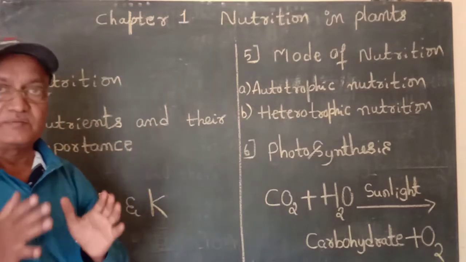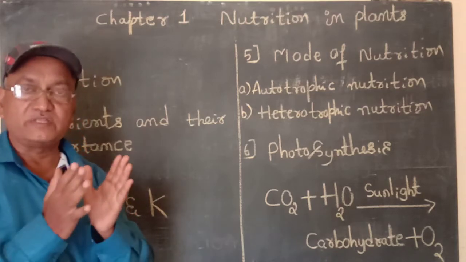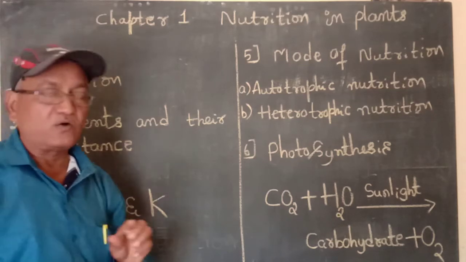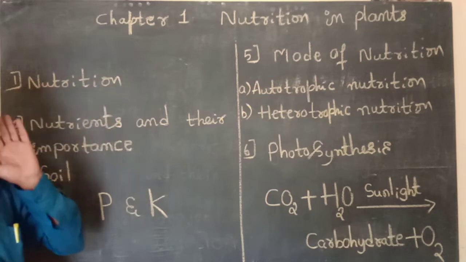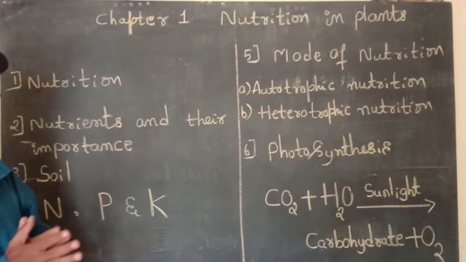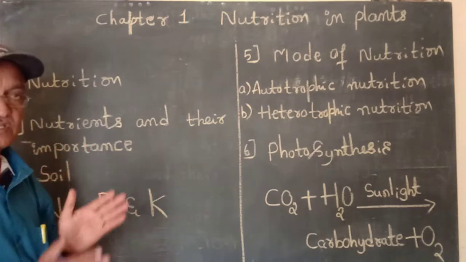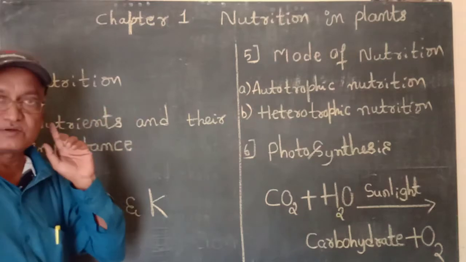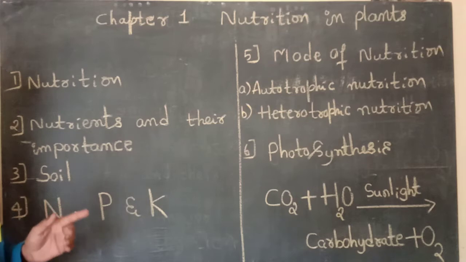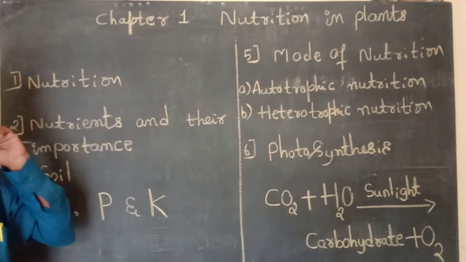As I said, living organisms need these things for their survival: air to breathe, water to drink, and food to eat. Now, the first point I want to explain: nutrition is the process of utilization of food by living organisms.